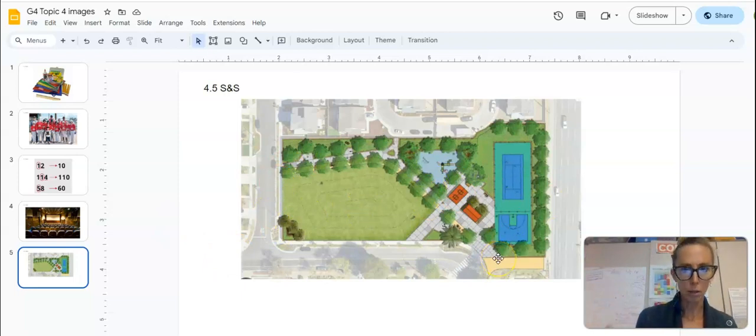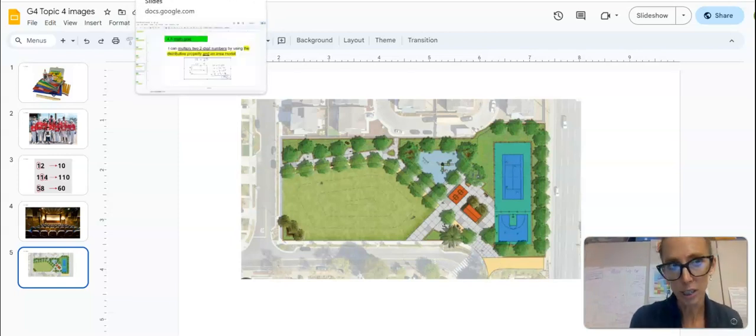And what do we notice about the park? It's not just one blob in the middle. It's like different spaces of the park. You have this space you could go to, or that space or area, or that part of the park. There are all these different parts. It's split, divided up into a nice layout.